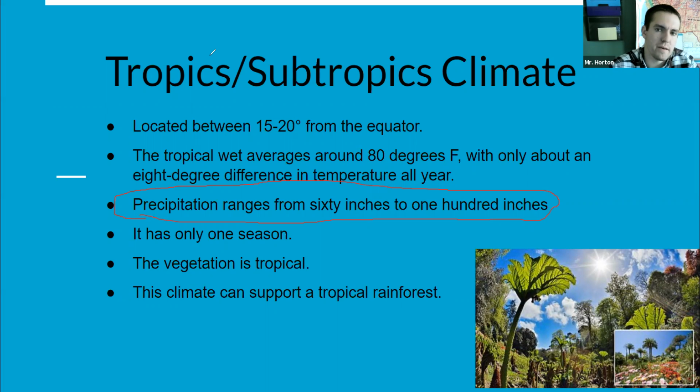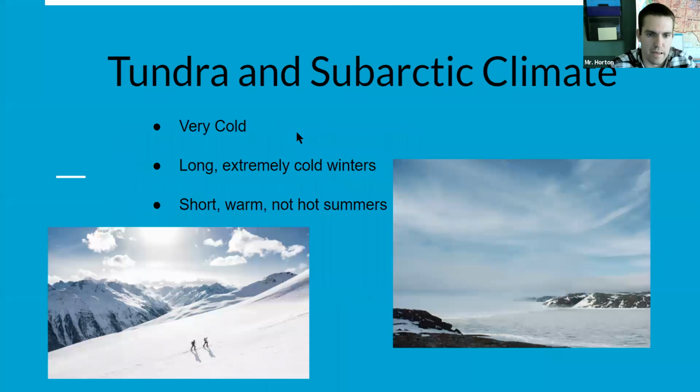So we go from the tropics to our last region, the tundra or the subarctic climate. All we're going to say for the tundra is that it's a very cold climate, the frozen tundra, with long, extremely cold winters. If you really like snow and cold temperatures, you can move there and be happy.